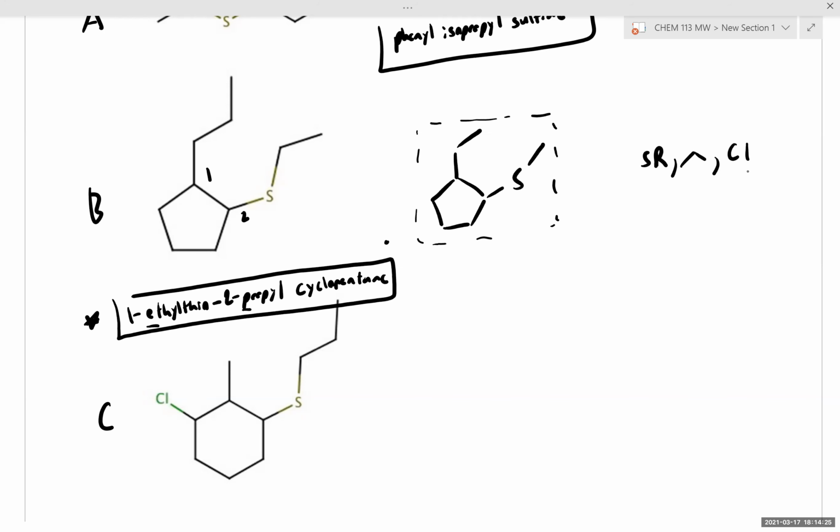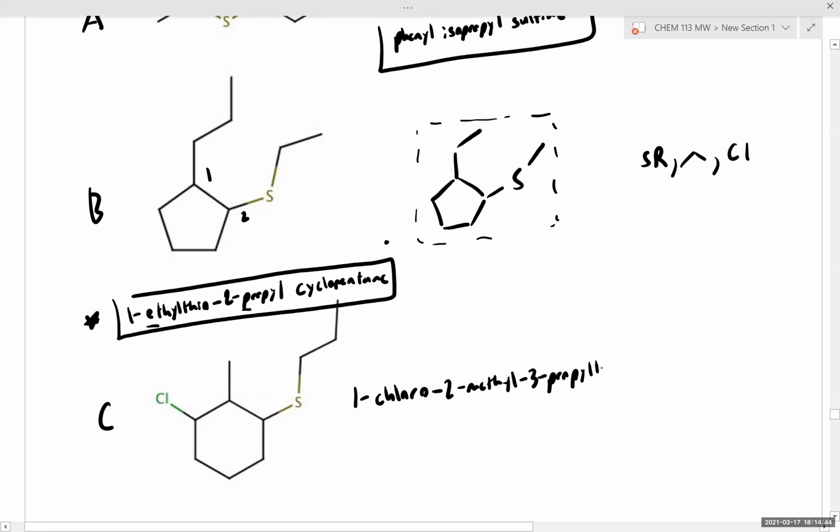So we have one shared for C. Yep, so we can talk about that. We have a proposed name of 1-chloro-2-methyl-3-propylthiocyclohexane. Okay. So chloro is first alphabetically. Yep, this proposed name looks perfectly reasonable.